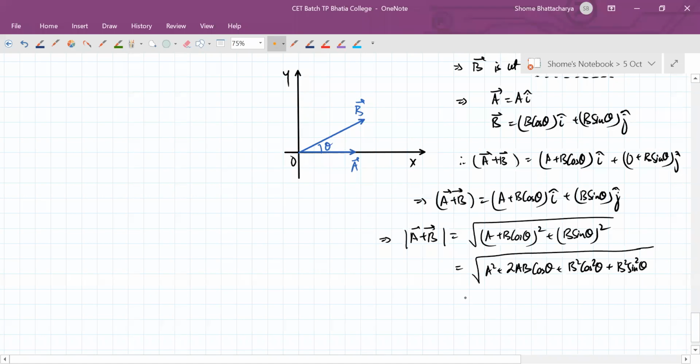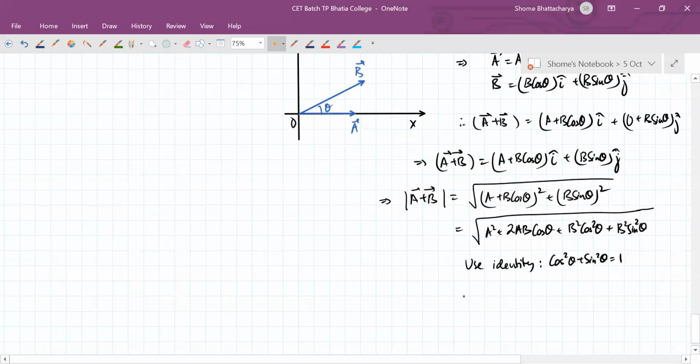Now use the universal identity that cos square theta plus sine square theta is unity. So see this here, and you will see that this becomes root of a square plus b square plus 2ab cos theta. So that is the proof of the first part of the formula.